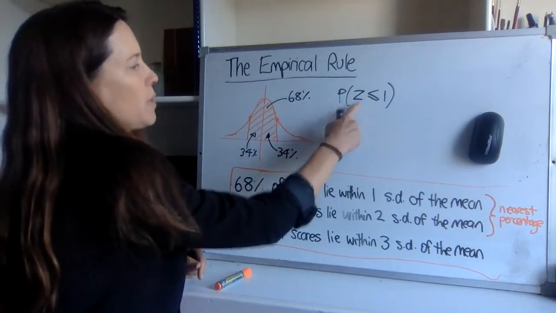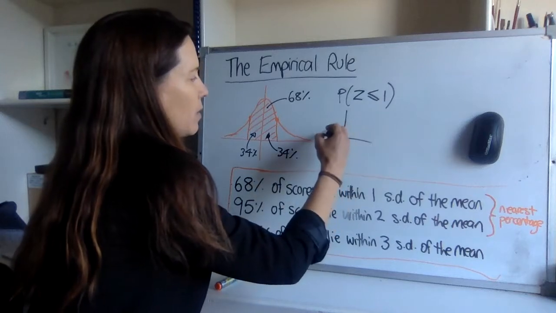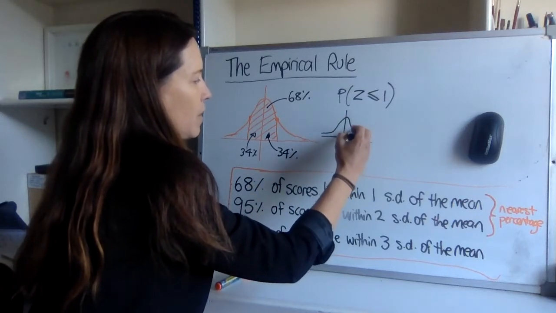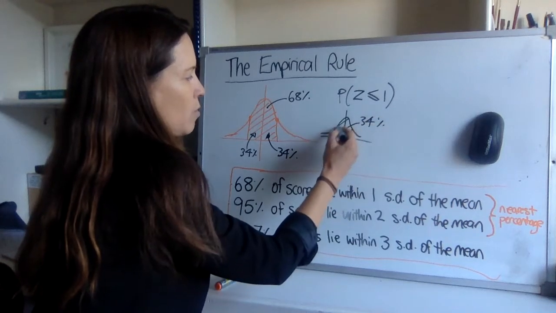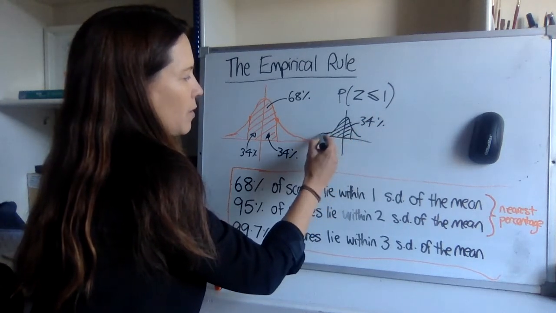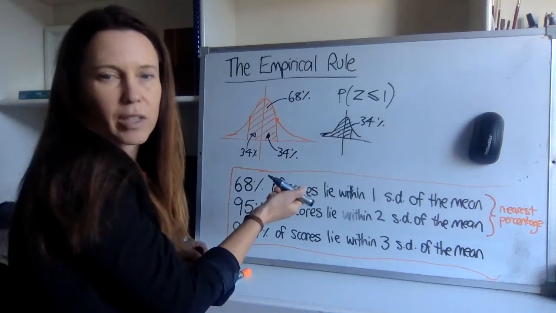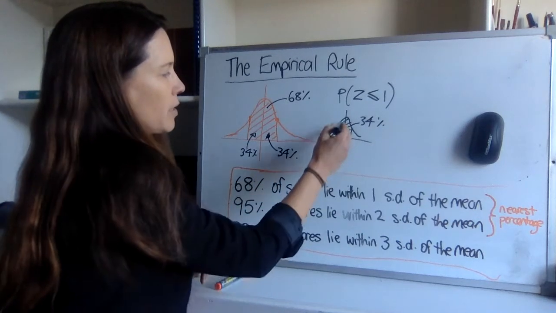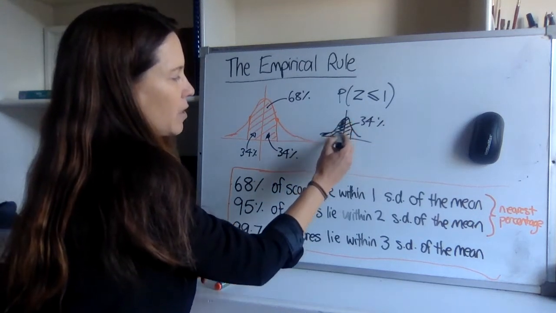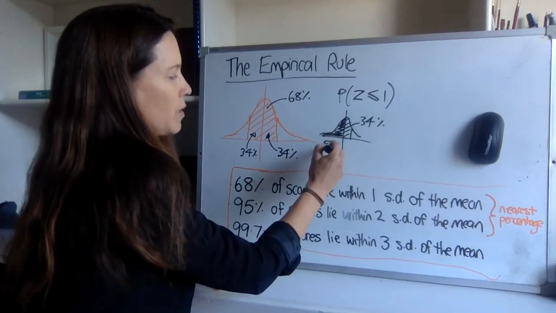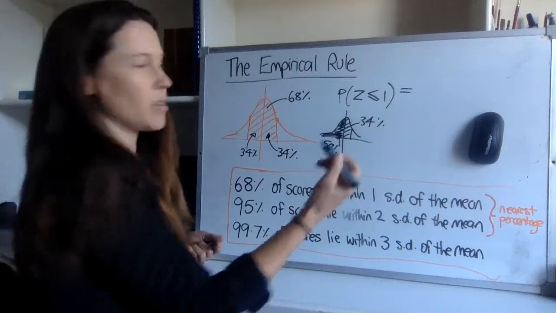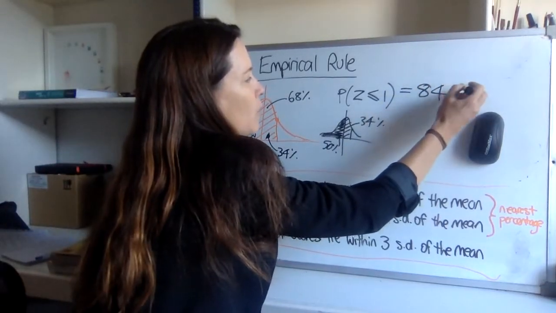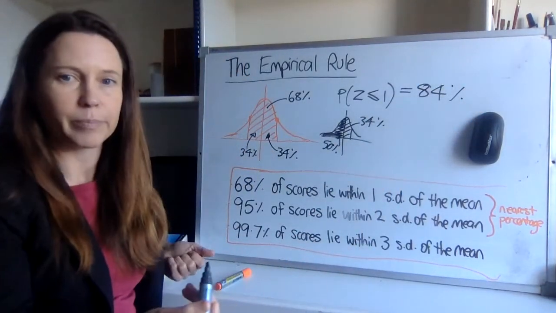So if you want the probability that z is less than 1, then you want this 34% here, but you also want everything that's shaded all the way to the left of the distribution. And so it's easiest to reason that this entire half is going to be 50%. So what you'll actually want then is 50 plus 34, which is 84% of the scores.